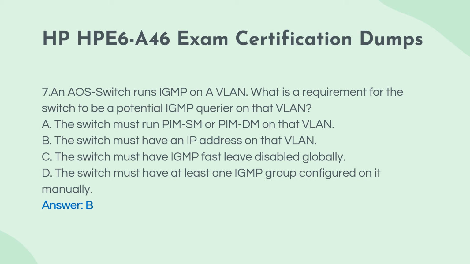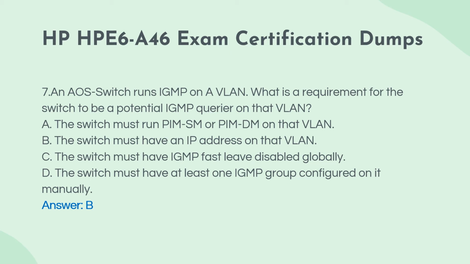What is a requirement for the switch to be a potential IGMP querier on that VLAN? A. The switch must run PIM-SM or PIM-DM on that VLAN. B. The switch must have an IP address on that VLAN.